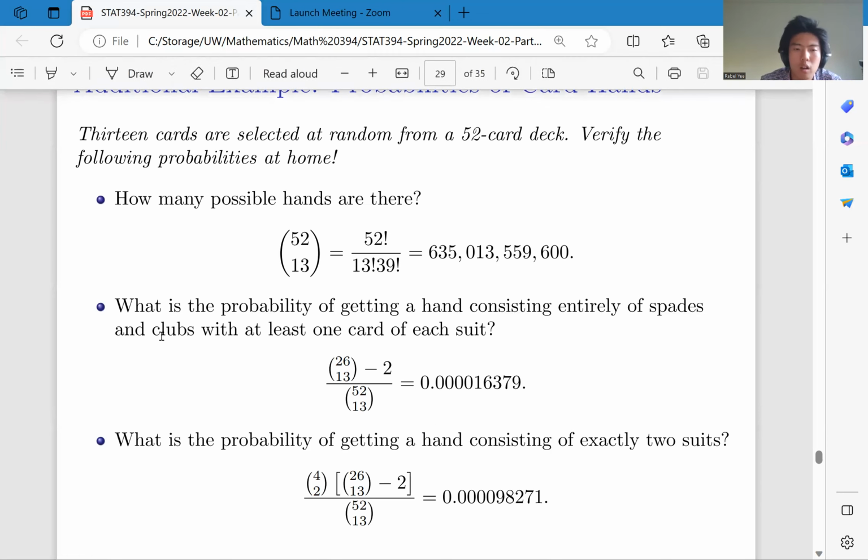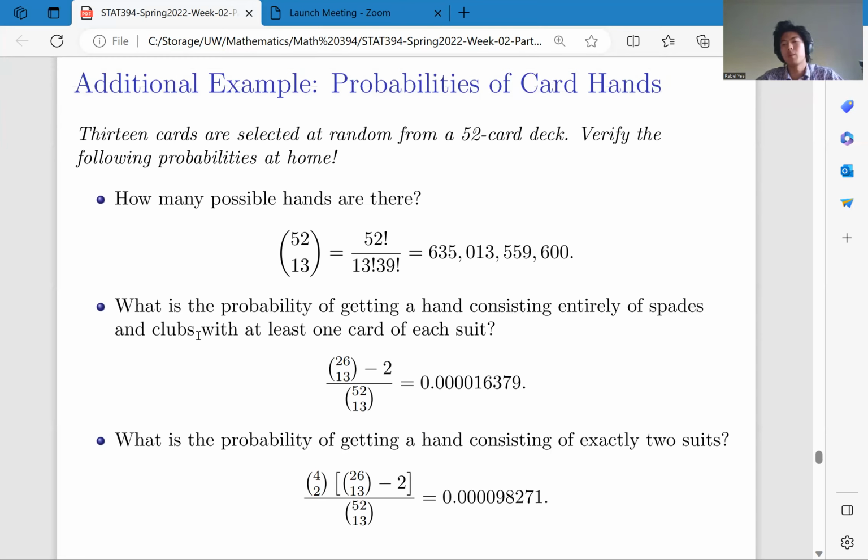So it seems like we just need to change spades and clubs into different suits to solve this problem. Like, what is the probability of a hand entirely of diamonds and clubs? That is the same as this result. So the problem is simplified into calculating how many choices there are for those two suits.